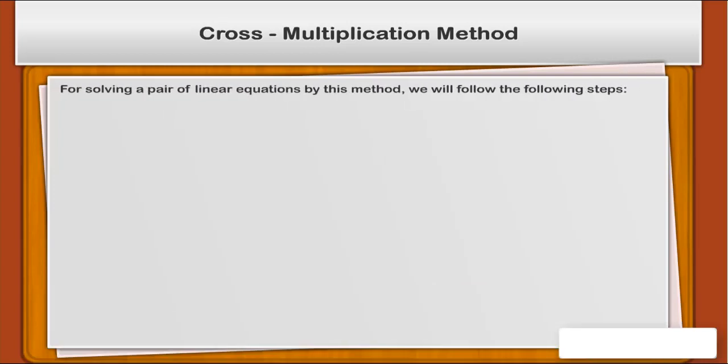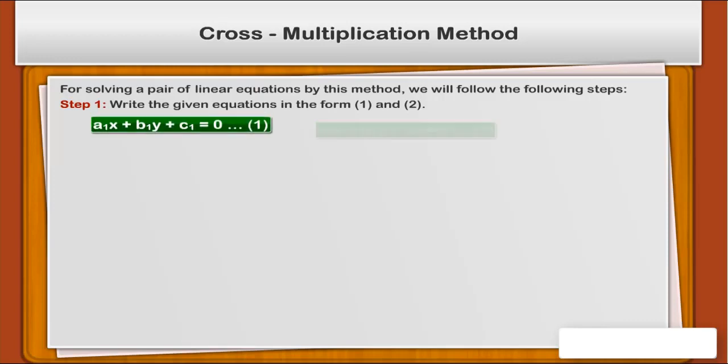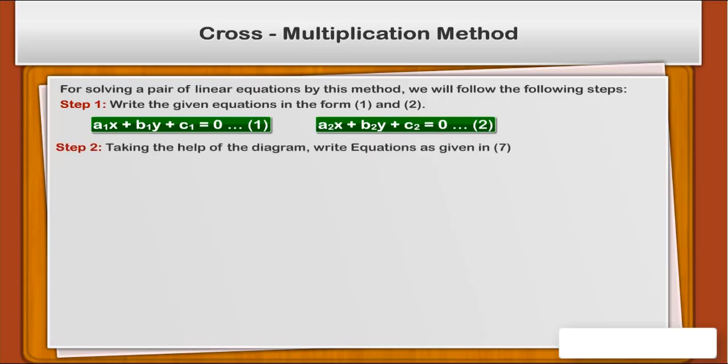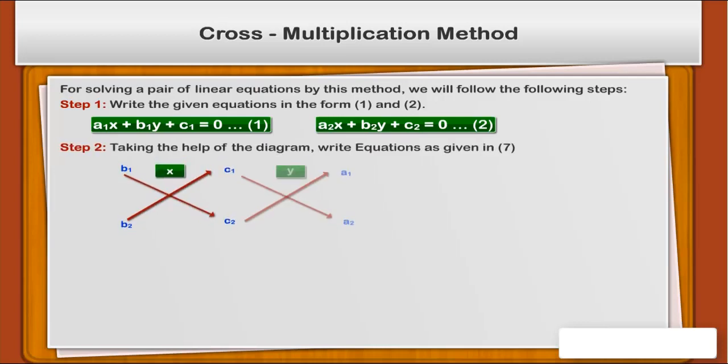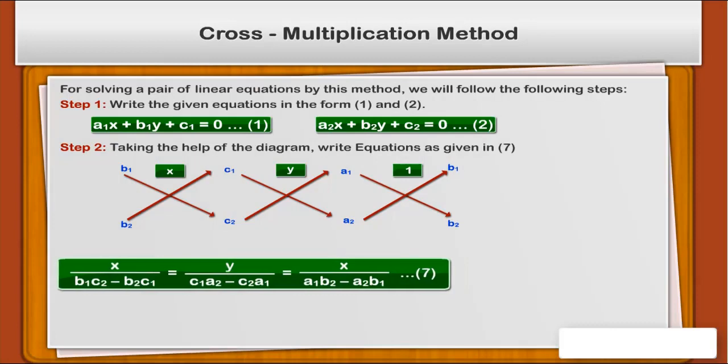For solving a pair of linear equations by this method, we will follow the following steps. Step 1. Write the given equations in the form of equation 1 and 2. Step 2. Taking the help of the diagram, write equations as given in 7.